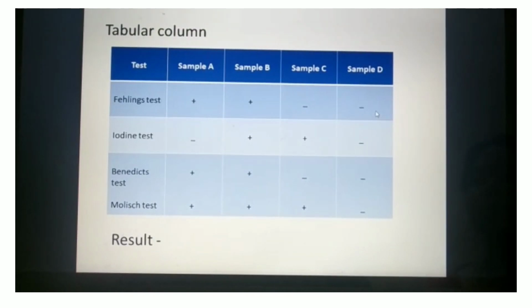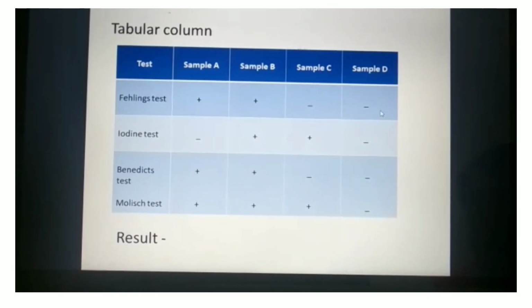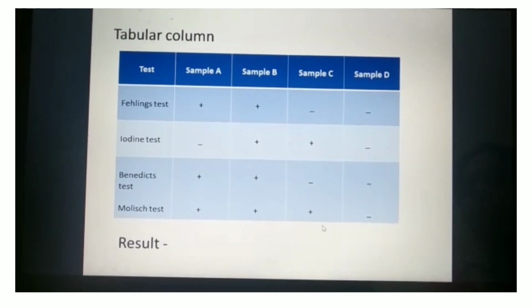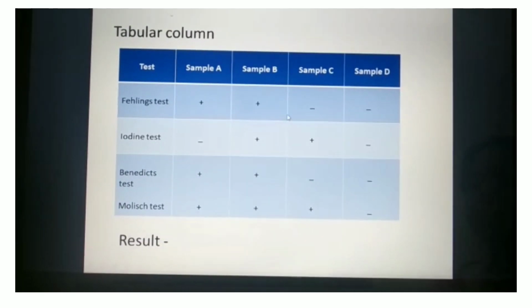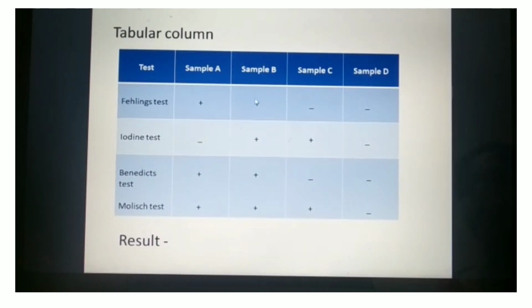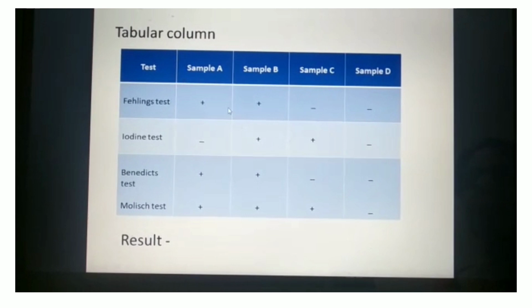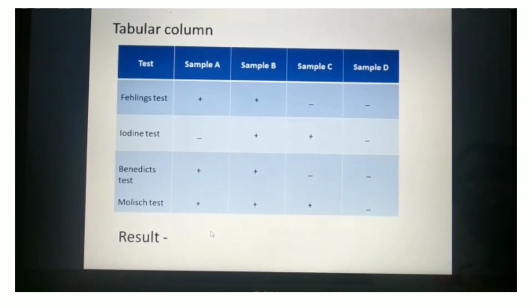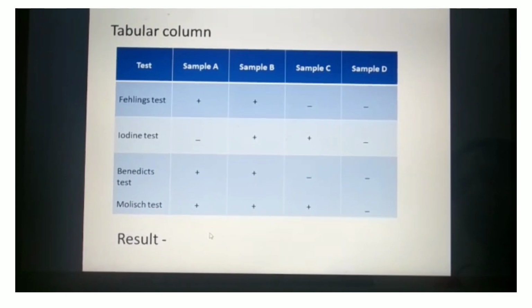And sometimes in the exam they can give you a blank sample which will give you negative for all the tests. So it is not necessary that it has to answer for all the 4 tests. Even if it answers for 1 or 2 tests, you can infer that carbohydrates are present in the sample.